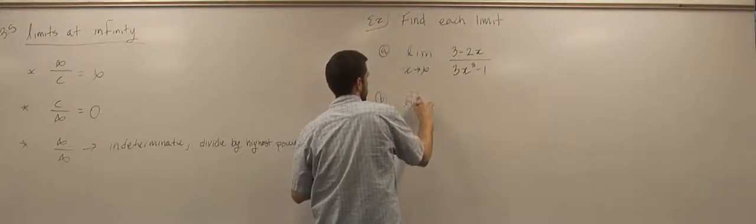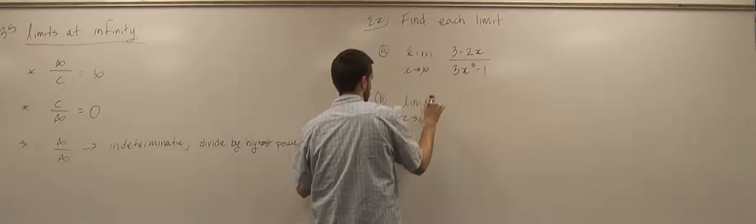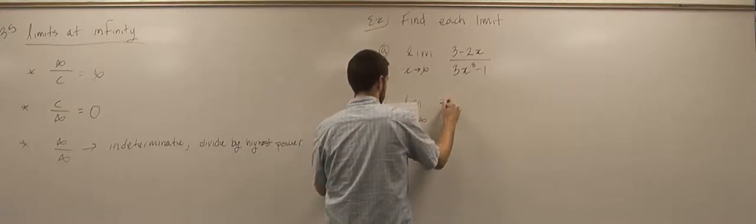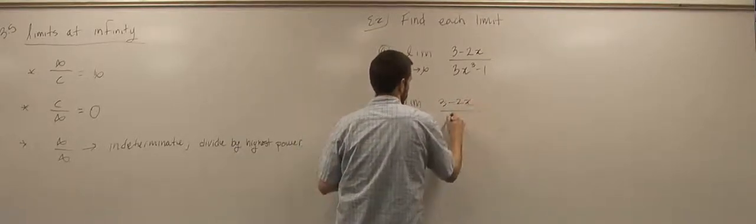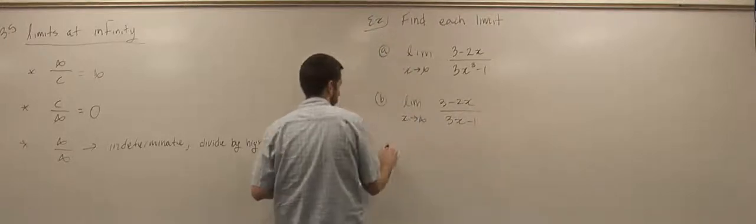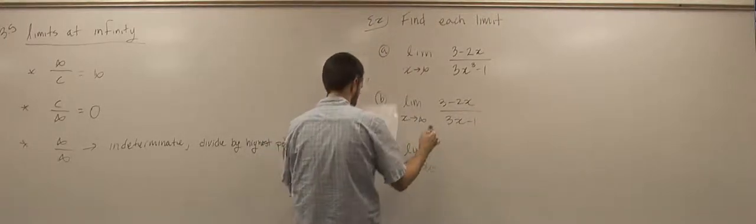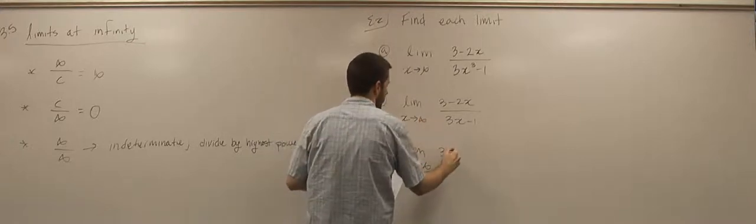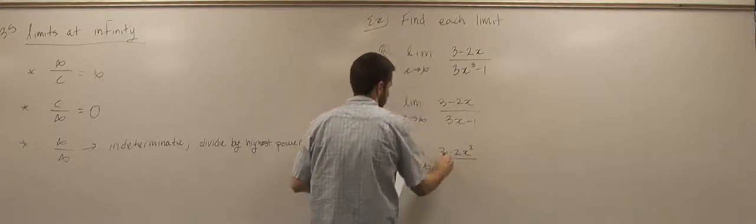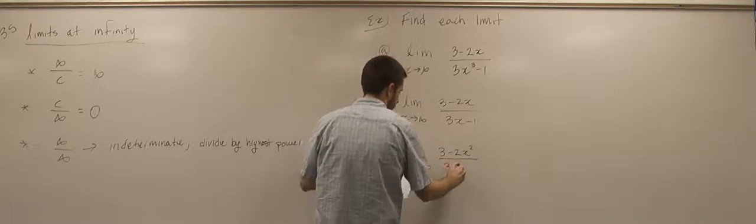The limit as x goes to infinity, 3 minus 2x over 3x minus 1. And the limit as x goes to infinity, 3 minus 2x squared over 3x.